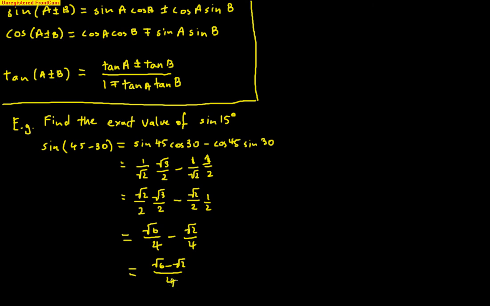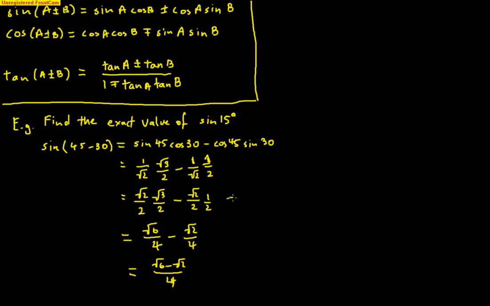on 4. I'm a little bit worried about that, but I might just check on my calculator and take a look. So that is fine, but I probably could have done things differently.